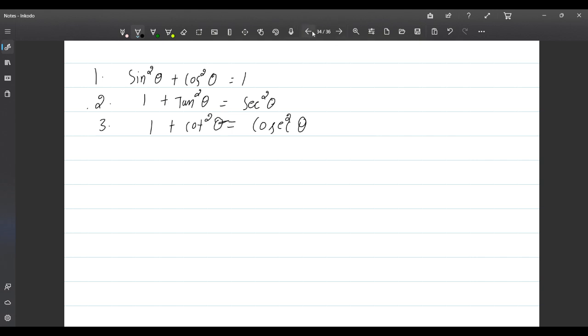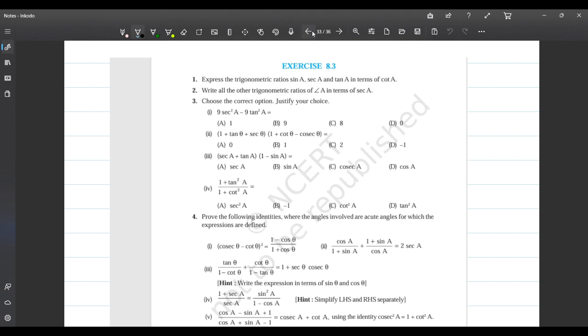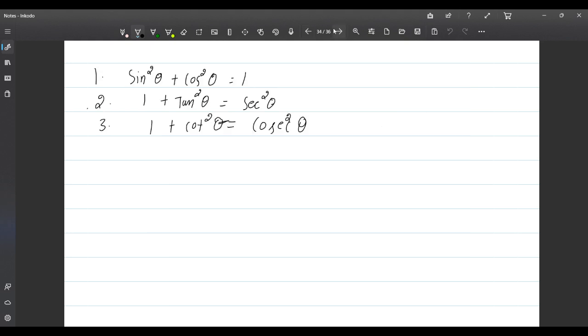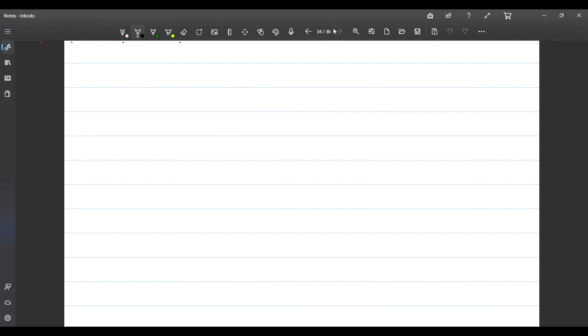So the first question is: express the trigonometric ratios sin A, sec A and tan A in terms of cot A. So we have to express all these trigonometric ratios in terms of cot A. So let's start the first question. What is the formula of sin A?